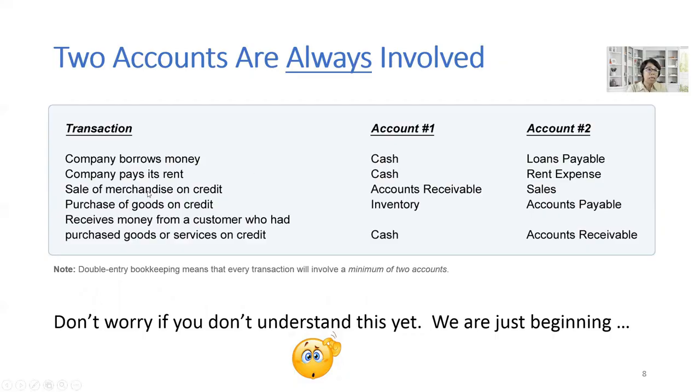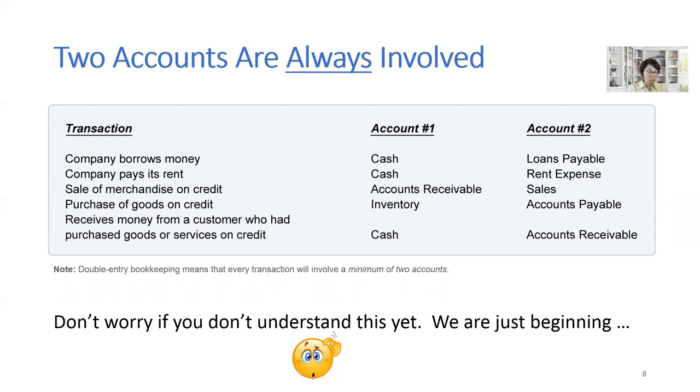Okay, let's say someone came in and wanted to buy your widgets on credit. They said, hey, could I have 20 widgets, but will you bill me? So we talked about accounts receivable, right? That means people owe you the money. And so that goes up because now he owes you, let's say it's $1,000 for 10 widgets.